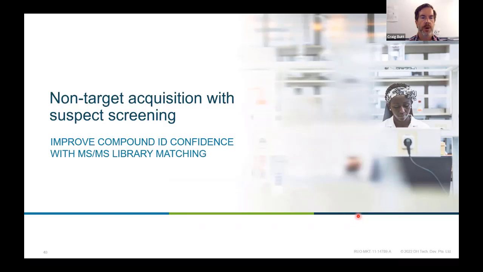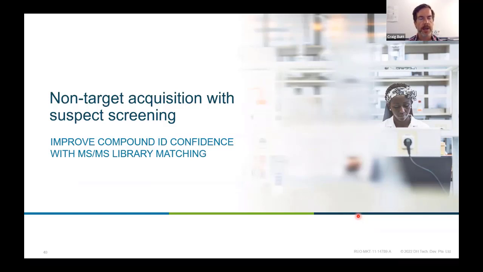That may not always work, right? And so perhaps we were fortunate that we were able to do it in this specific case in this sample, but it may not always be possible. So that's the advantage of using a high resolution accurate mass instrument to remove those interferences.